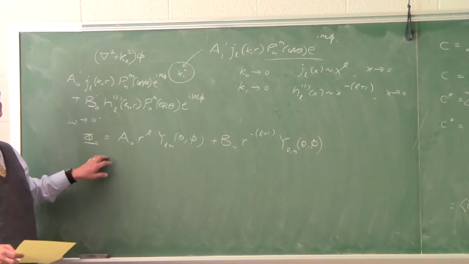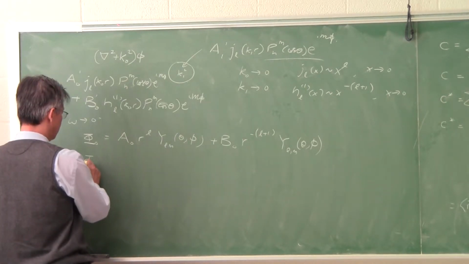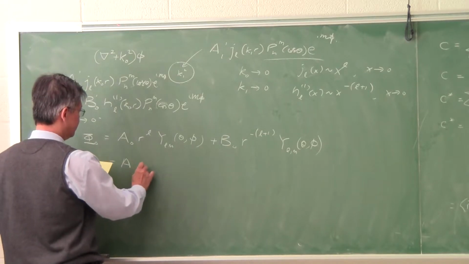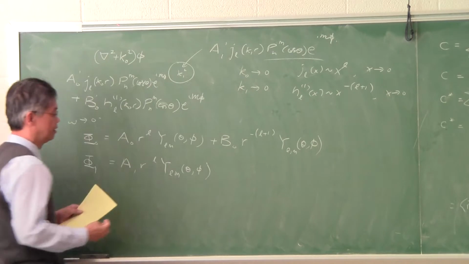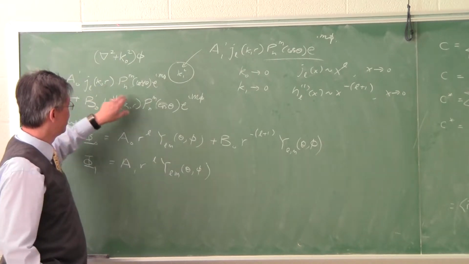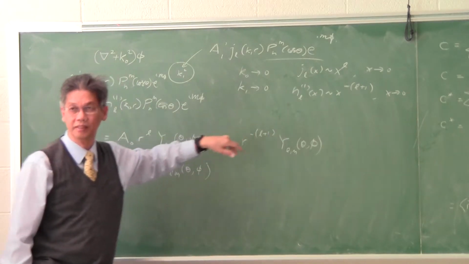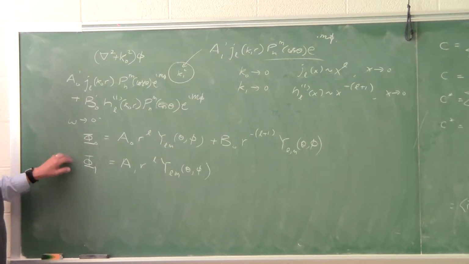Okay, this is outside the sphere. And inside the sphere, I have phi_1 equal to A1 r^l Y_lm(theta, phi). Everybody agrees? I just let the frequency drop and take out the principal variation of r according to this formula. And these are the static solutions outside and inside the sphere.